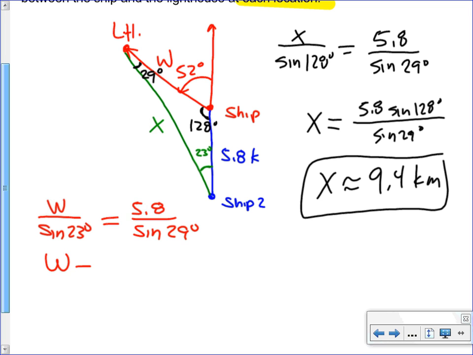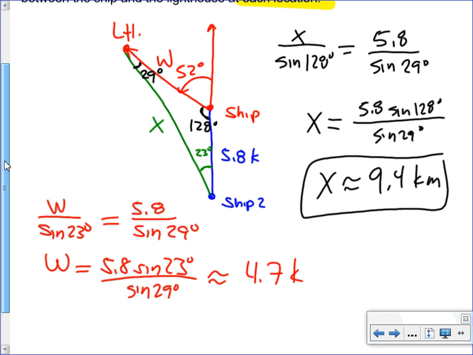So W is equal to 5.8 sine 23 divided by the sine of 29. There you go. What is it? 4 point something? Is that right, Will? And they all lived happily ever after.